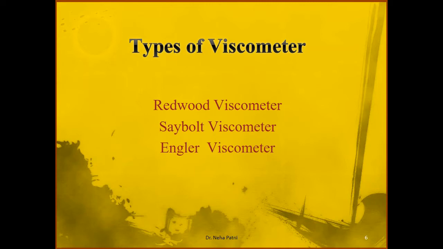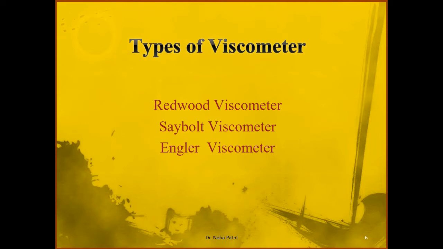Now there are certain viscometers which you can use to find out the viscosity of oil. Generally they are the redwood viscometer, saybolt viscometer and engler viscometer. And in redwood viscometer you have two more, redwood viscometer number 1 and number 2. The difference in these three is the amount of liquid you take during calculation.